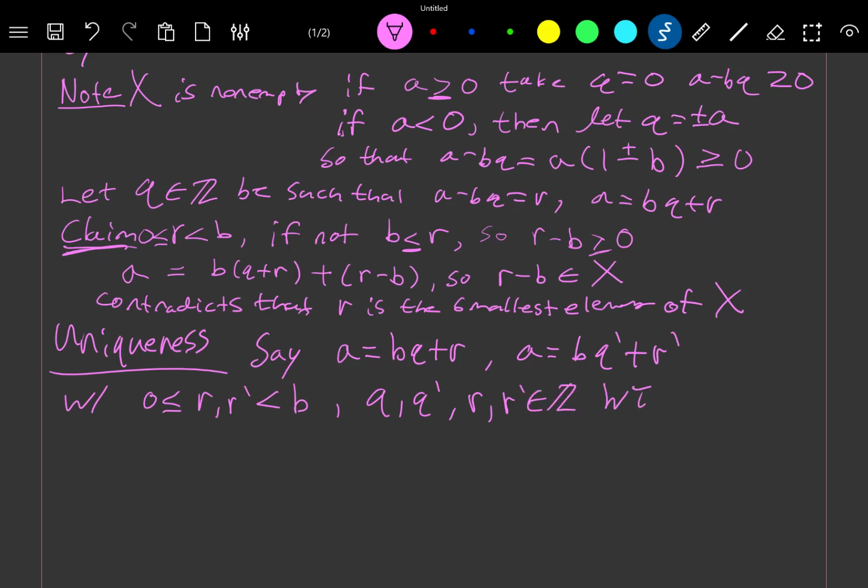So we want to show that Q equals Q prime and R equals R prime. That's what we want to show.